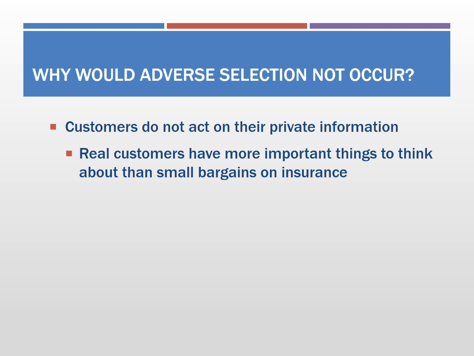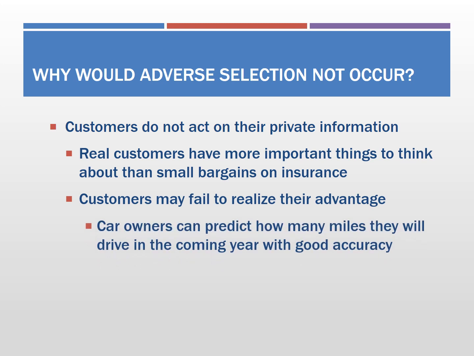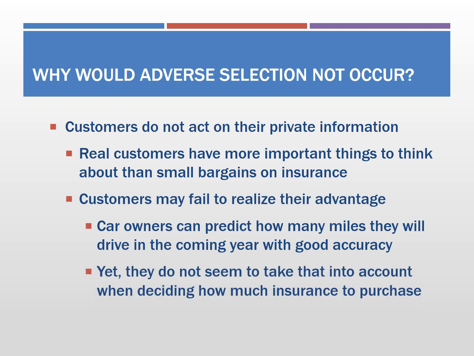People might not bother to pay maybe $1 or $2 more every day, or even a few hundred more dollars a year, in order to save time and not fight for a small cut on those premiums. So customers may fail to realize the advantage because of the time consumed on bargaining. Car owners can predict how many miles they will drive in the coming year with good accuracy, yet they do not seem to take that into account when deciding how much insurance to purchase.